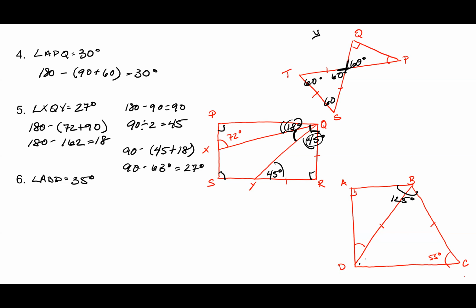BDC is 55 degrees, good, because that's an isosceles triangle. DBC, okay, so you've got 70 degrees right up here. Good, so you added 55 and 55. You got 110 and you subtracted from 180.